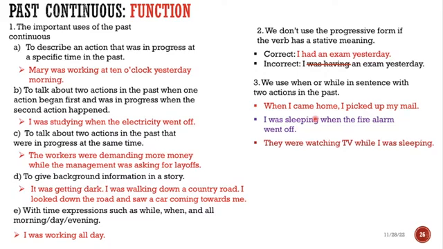Third example, everyone, you can see: "They were watching TV while I was sleeping." Everyone, you can see while. The main clause is used with past continuous and the dependent clause also uses past continuous. Understand that, everyone?